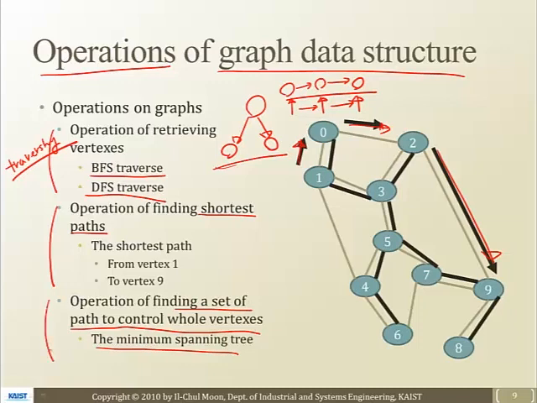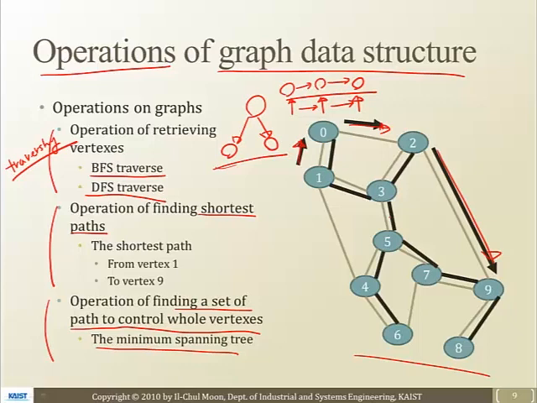And also finally, finding the minimum spanning tree. So let's just consider that these vertices are all residential areas, and we want to put a logistics center at a certain place. What we want is a minimum path length to deliver our logistic supply to every residential area.